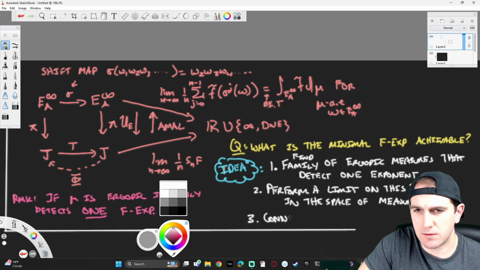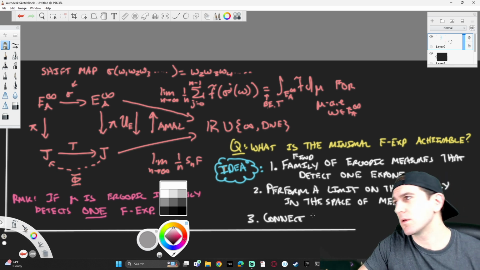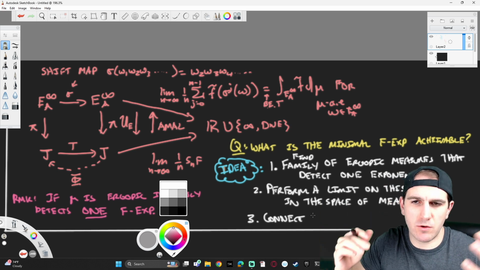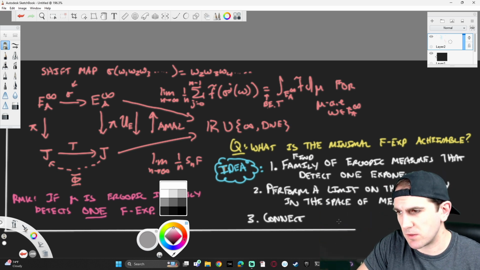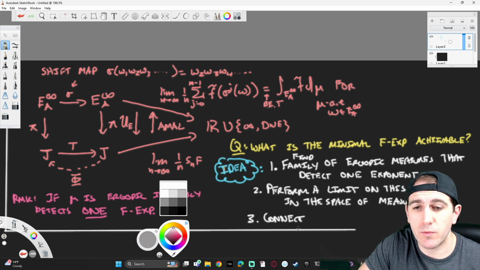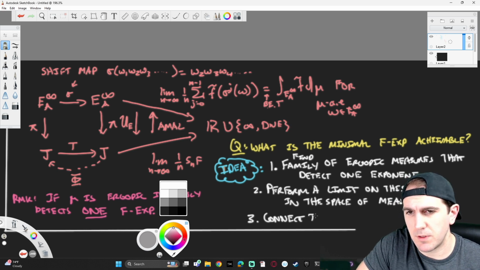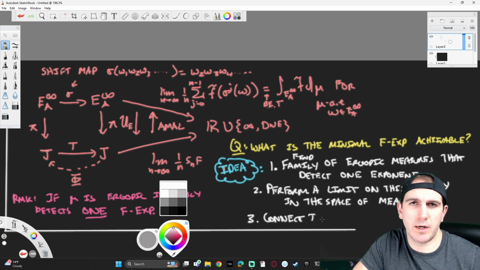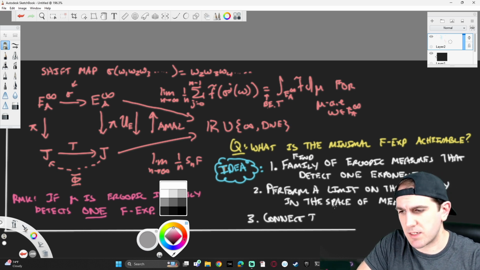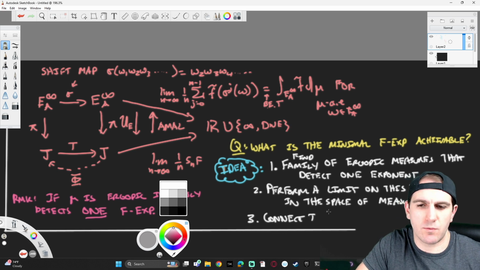Because integrating with respect to some random measure that you construct in a maybe not so tractable way is hard, but we can connect these measures to quantities that we can do numerics on.